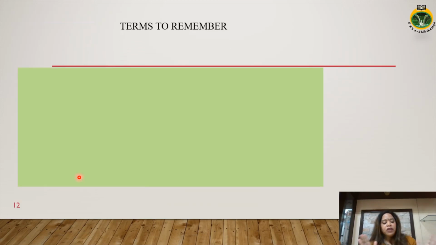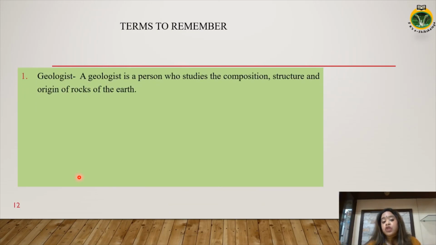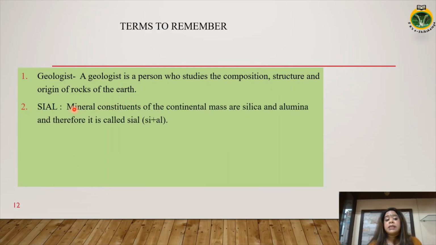So we have finished with today's topic, and let's define the terms which we have used today. Geologist. A geologist is a person who studies the composition, structure, and the origin of rocks of the Earth. Sial.